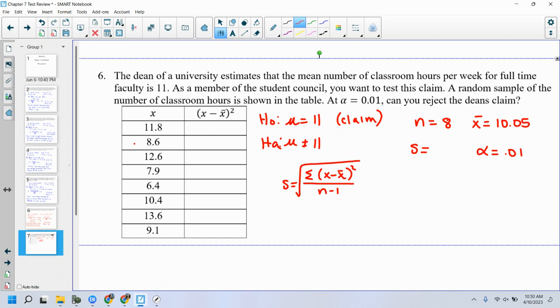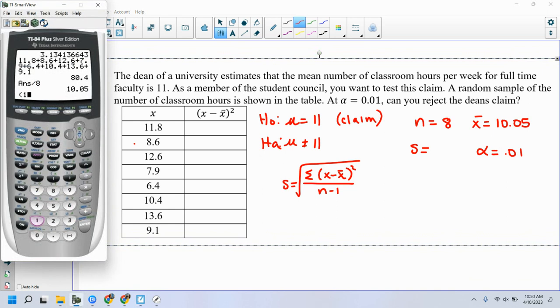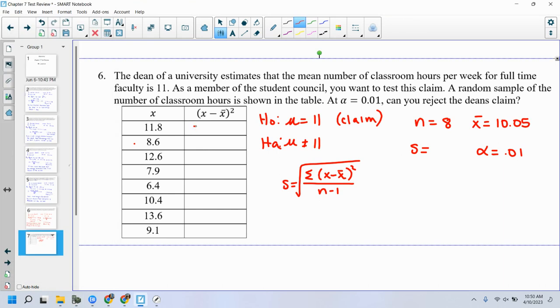So that's why I need my x minus x bar squareds. Okay, I'm going to take 11.8 minus 10.05 squared, and that's going to get me 3.06.